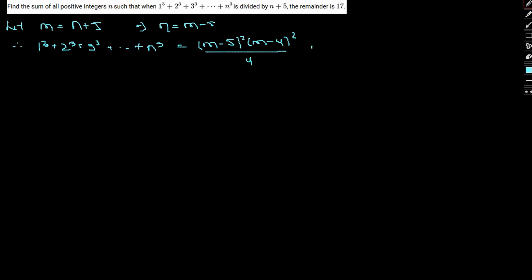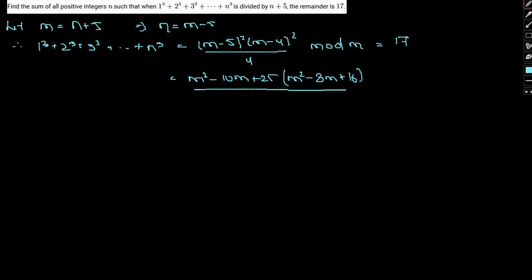So the remainder mod m will be 17. Okay, so if we split this term up, we have (m square minus 10m plus 25) into (m square minus 8m plus 16) by 4 mod m equal to 17.